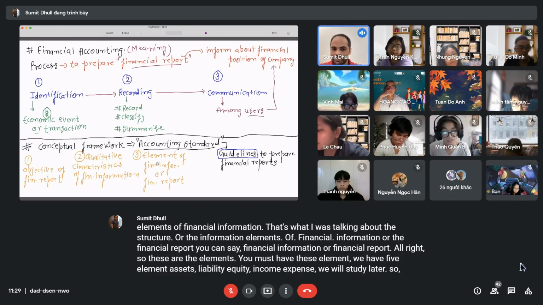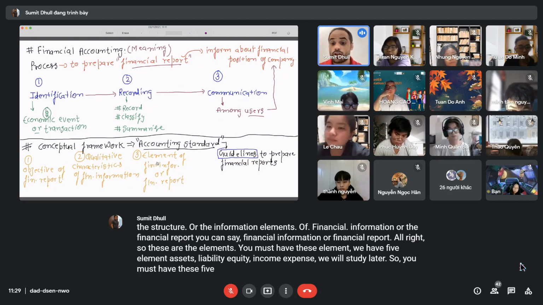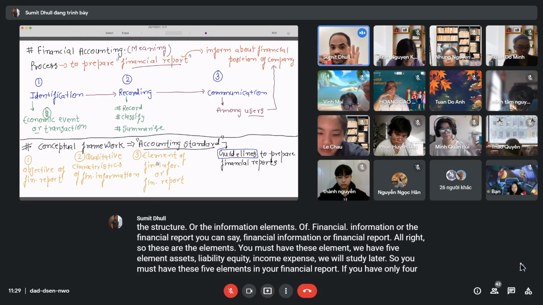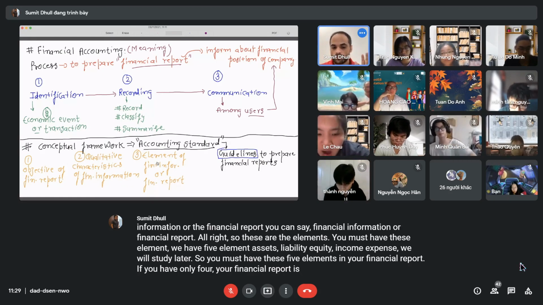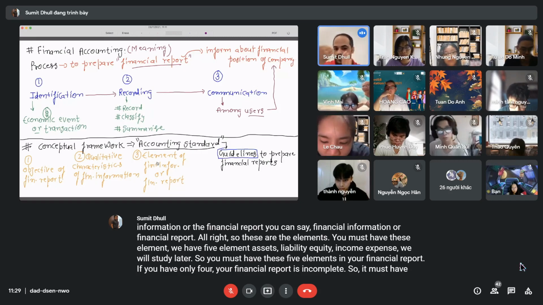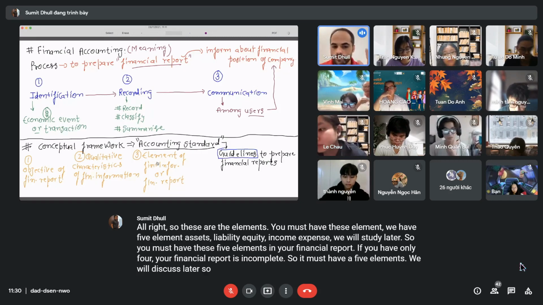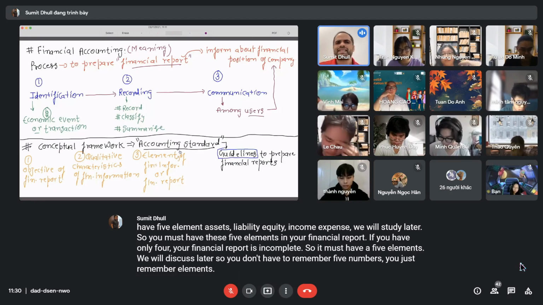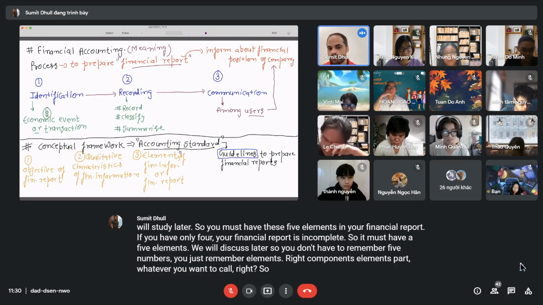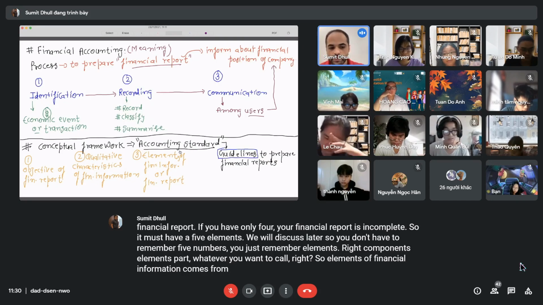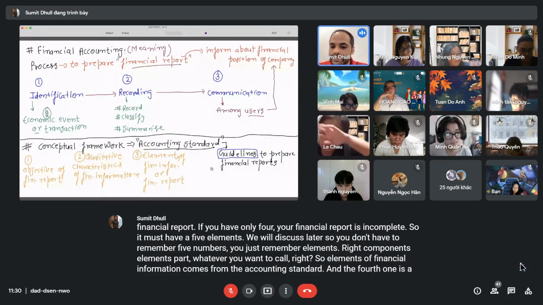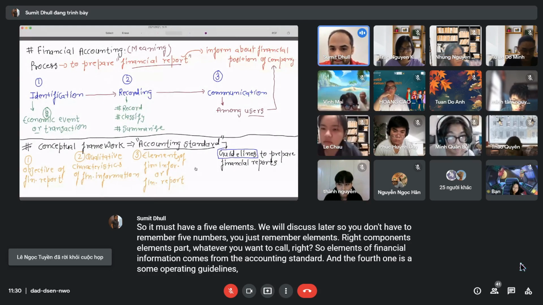So you must have these 5 elements in your financial report. If you have only 4, your financial report is incomplete. You don't have to remember the number, you just remember elements. Components, elements, parts, whatever you want to call them, right? So elements of financial information come from the accounting standard. And the 4th one is some other operating guidelines.